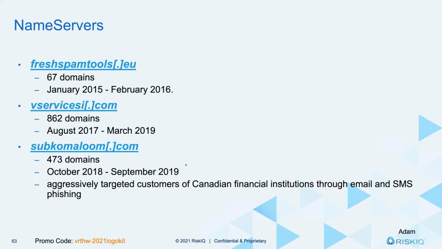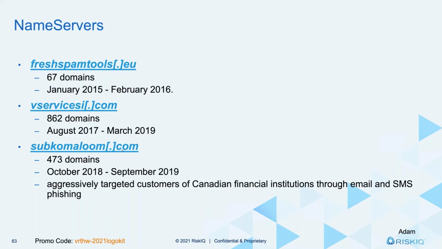Pivoting on that information, we also noticed vservicesi.com hosting approximately 862 domains between August 2017 and March 2019, and subkumalum.com, I'm sure I butchered the pronunciation on that, with 473 domains between October 2018 and September 2019. And again, that particular domain had been observed as aggressively targeting Canadian financial institutions through email and SMS phishing.